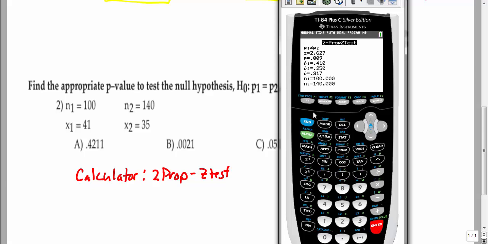And then we run through our calculations, and again, let's go ahead and show that one more time. Tests. 2-prop z-test is number 6 on my calculator. And again, those numbers come straight from the information given.